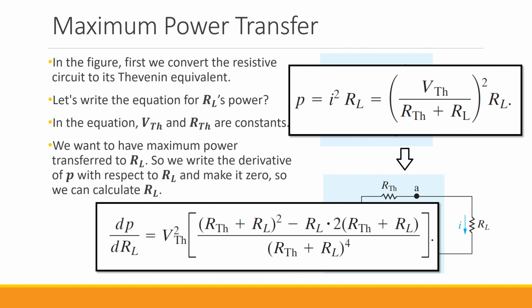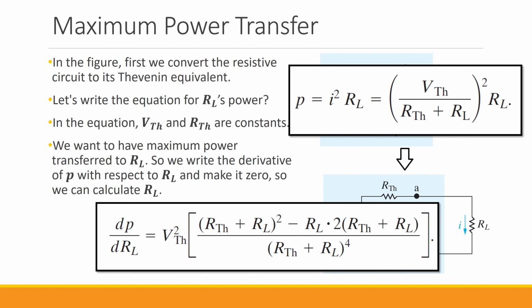As I said, in this equation, VTH and RTH are constant because we don't have access to the internal parts of the resistive circuit. What we have access to is only the terminals. And we know how we can get from the two terminals, following a several-step procedure, to calculate the Thevenin and Norton equivalent circuits, right?